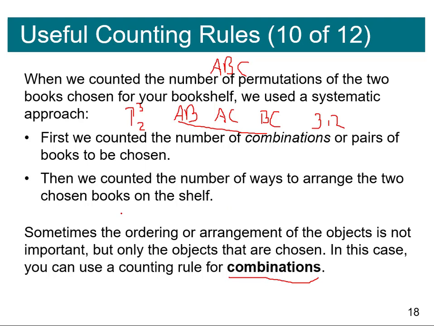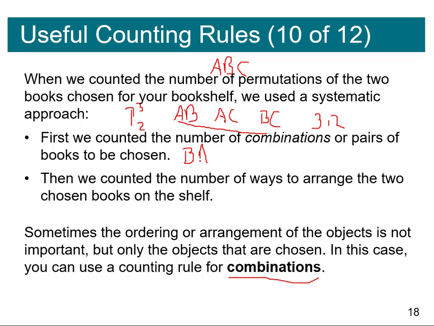Sometimes the ordering or arrangement of the objects is not important, but only the objects that are chosen. In this case, if you don't care about the way that they're arranged on the shelf, you just care which books are on the shelf, then you wouldn't say that AB is different than BA. You don't care how you put them on the shelf.